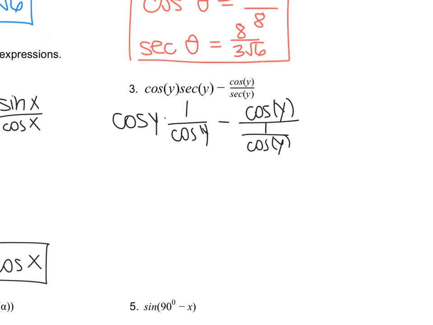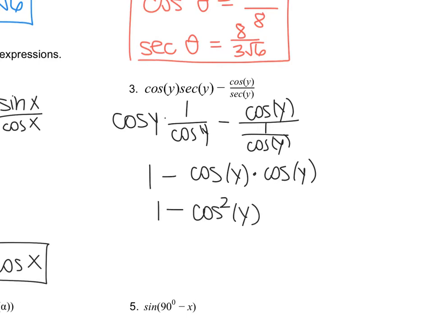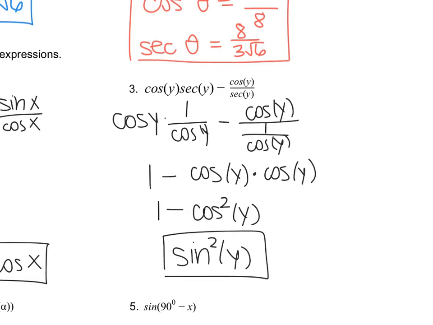Well, cosine times 1 over cosine is just going to give us 1 minus cosine of y times cosine of y, because we're going to flip the fraction in the denominator and multiply it to our numerator. So we end up with 1 minus cosine squared of y, and this is another Pythagorean identity. 1 minus cosine squared of y is sine squared of y. And this is our simplified expression.